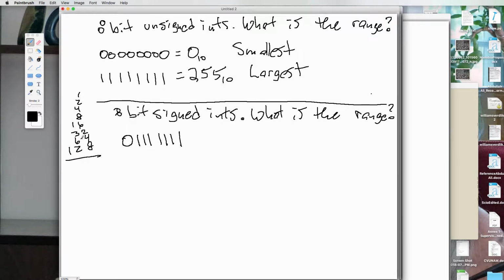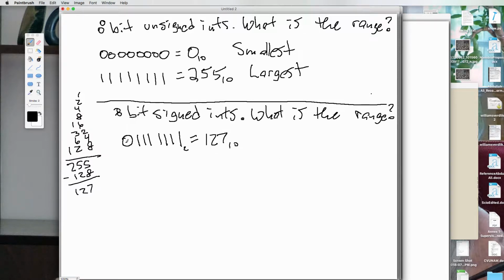Well, it's all of these except the 128. So it's going to be 255 minus 128. That's 127. So this is equal to 127 base 10. Okay, and here's something that's a little bit weird. What would be the smallest?